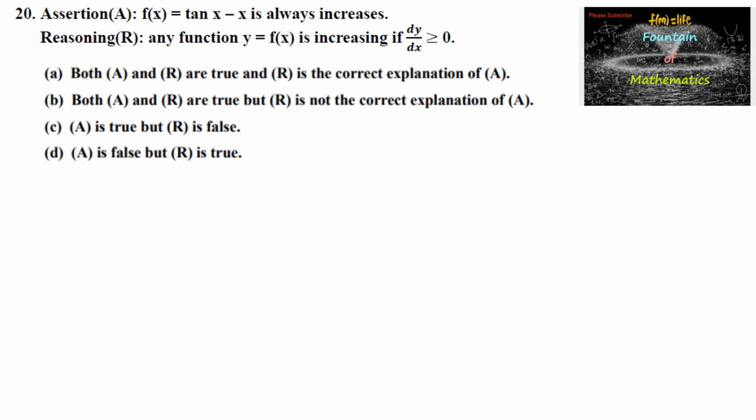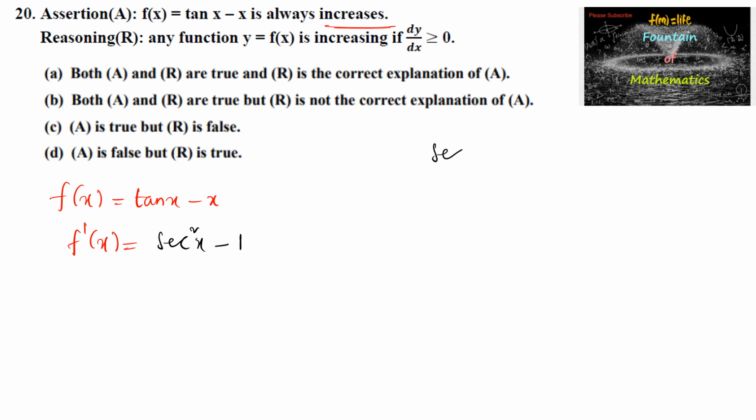Assertion is given: f of x is equal to tan x minus x is always increasing. Let us check this by differentiating. Differentiating the function, f dash of x is equal to the differentiation of tan x, which is secant square x, minus the differentiation of x, which is 1.